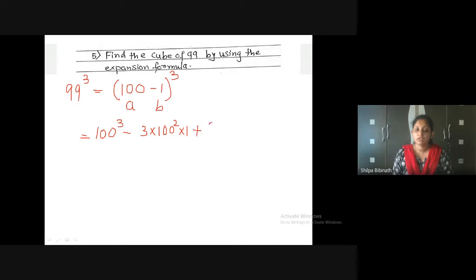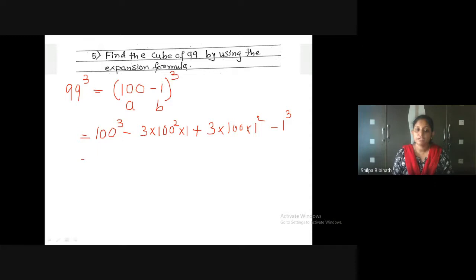Then 3 into a b square, now it is. So 3 into 100 into 1 square is nothing but 1 only. Still will write. Then what about the sign here? It will be minus. Minus 1 cube.